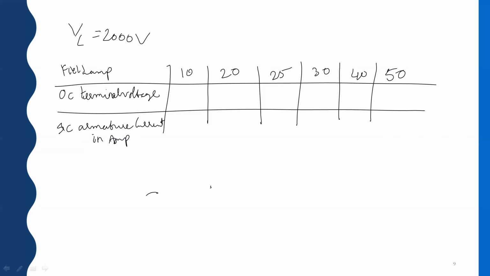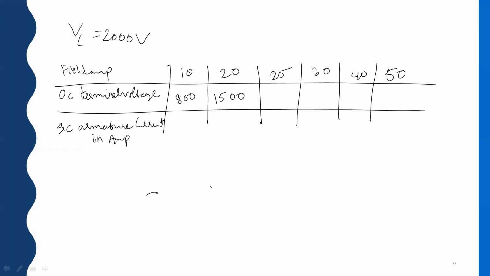Then OC field ampere versus SC short circuit current. You will be getting only one value, student, for your SC armature current in ampere in the lab. Here I am taking, for example, many values of this SC armature current. In your lab, you will be getting only one value.